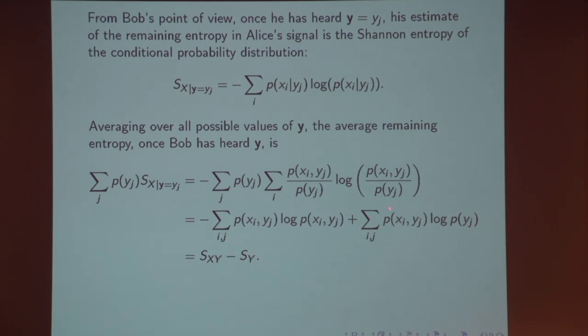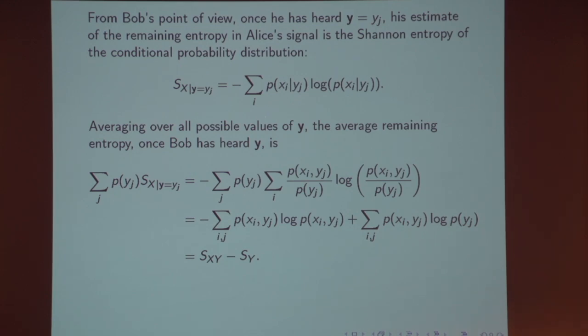The way that happens is you write the logarithm of the ratio as the difference of two logarithms, this one and this one. Also, you cancel P of y. And here you simply see S of xy, the entropy of the joint probability distribution. Here, x only appears in one place, and if you sum over x, you get Bob's probability P of y, and then you see you have minus S sub y.